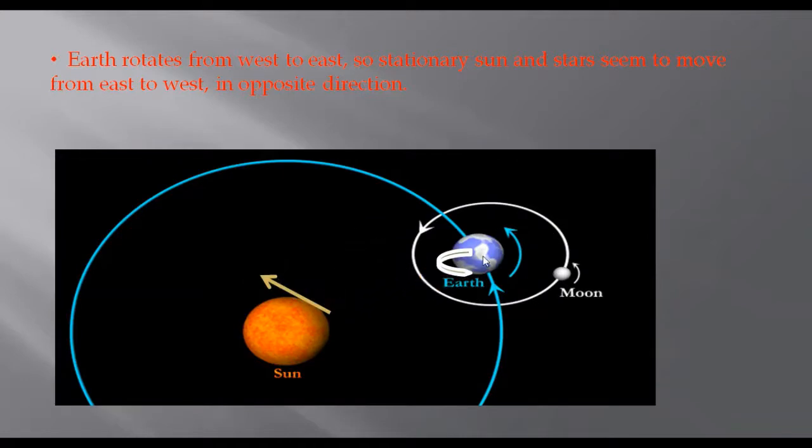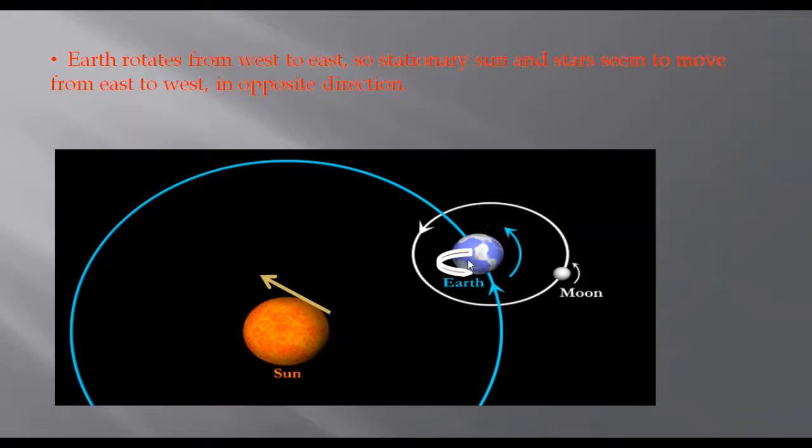So here you can see this is our Earth, and this Earth revolves around the sun, and also rotates on its own axis, right? Now when Earth rotates like this, as you can see in this arrow, that means from west to east, what happens? It seems that the rest of the objects, that is the sun, are moving in this direction.